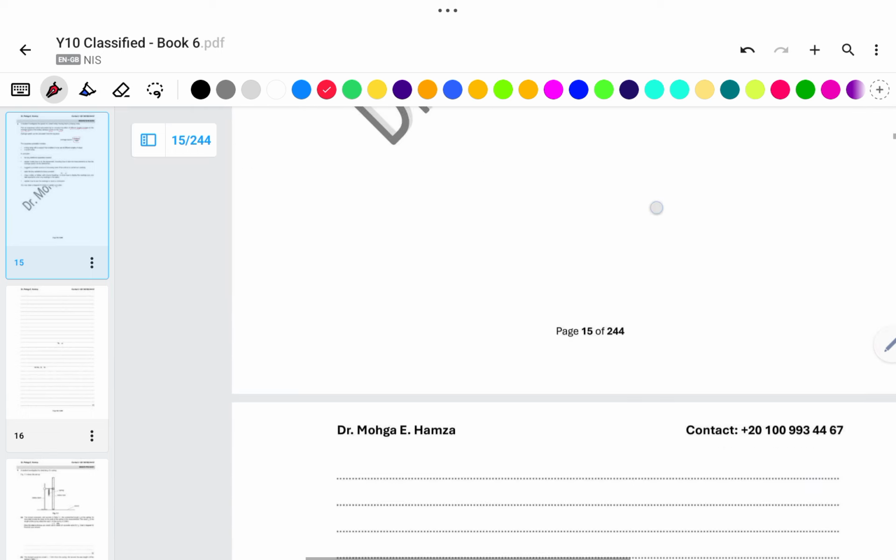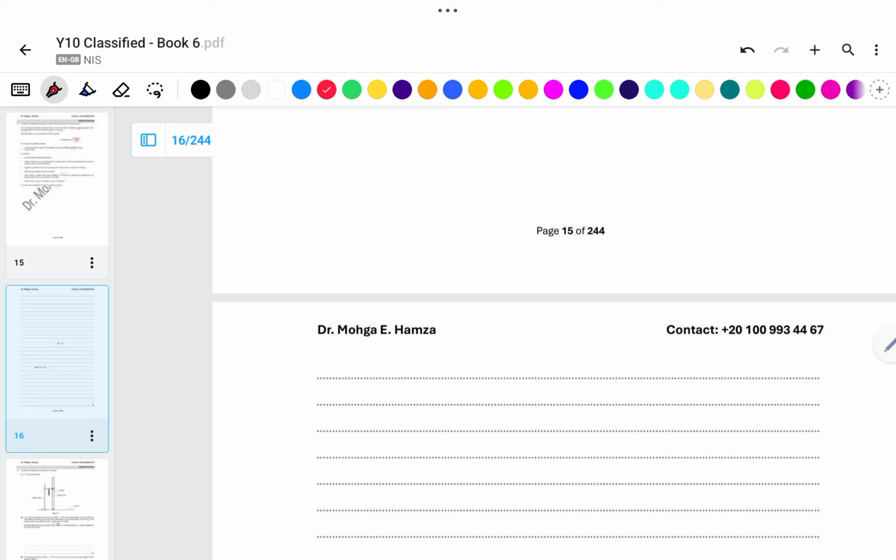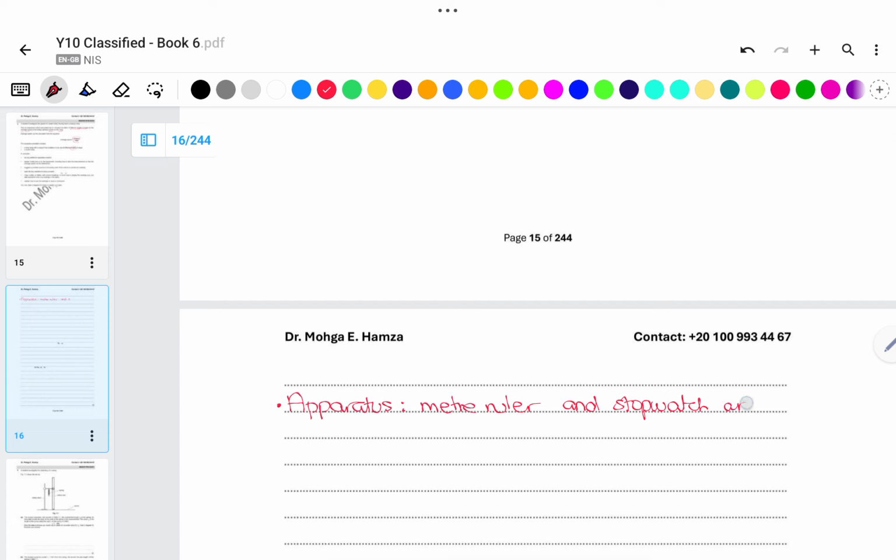So here I'm going to write that the apparatus that I'm going to use will be, for the distance, a meter ruler. For the time, a stopwatch. And for the angle, a protractor.